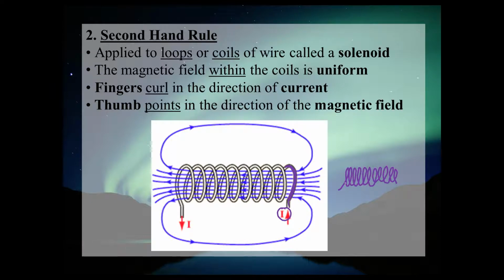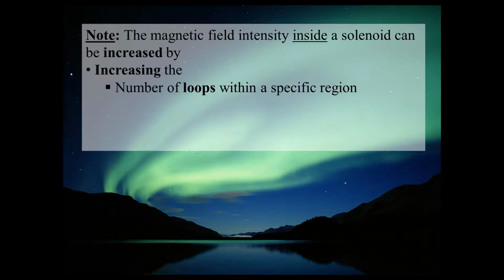So the number of moving electrons in a certain area or volume is really big. The more moving charges you have through an area, the larger the magnetic field you're going to generate in that area. So that's why we want to make the spacing between the loops smaller, and we can do that by increasing the number of loops.